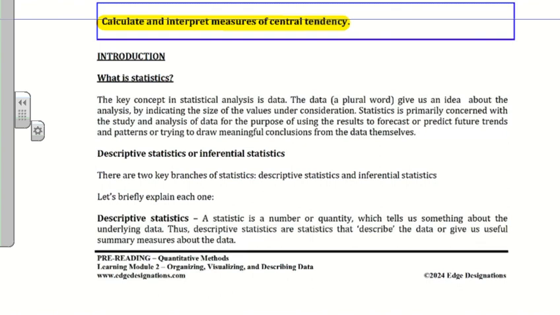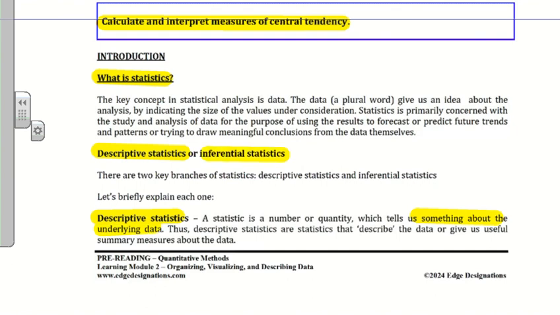We start off with a basic description of what statistics is. I'm not going to spend too much time here. We talk about descriptive statistics, which, look at the words, describes or tells us something about the data.